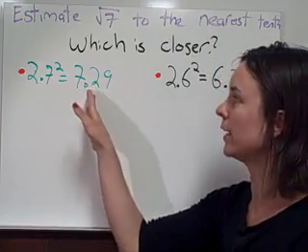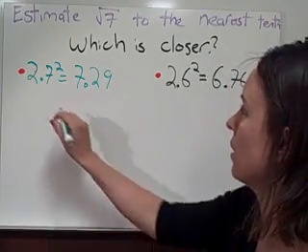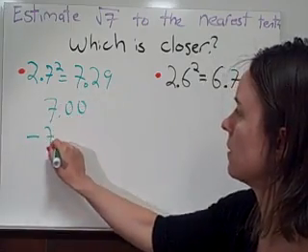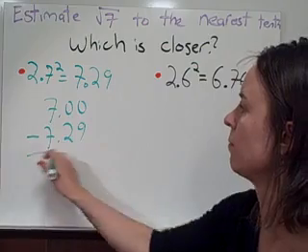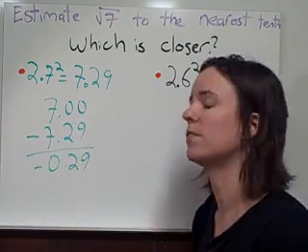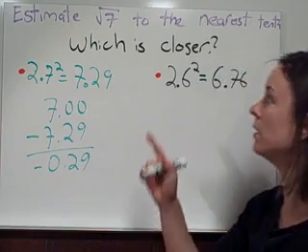When I square it, I get 7.29. I want to find the difference. So I'll take 7 minus 7.29. I have a difference of negative 29 hundredths.